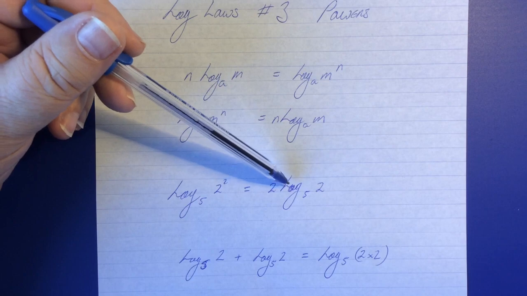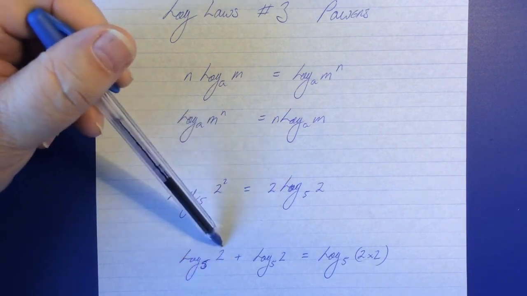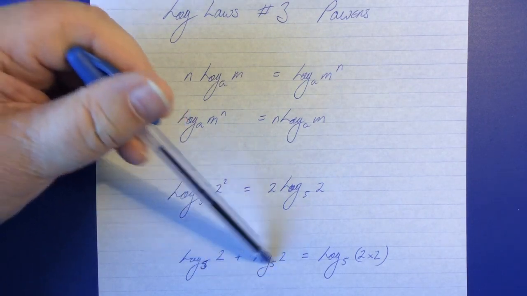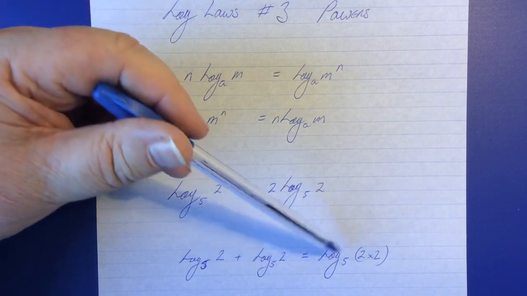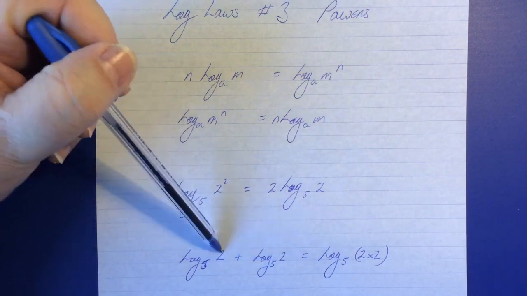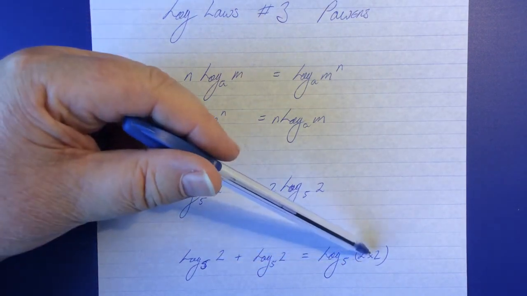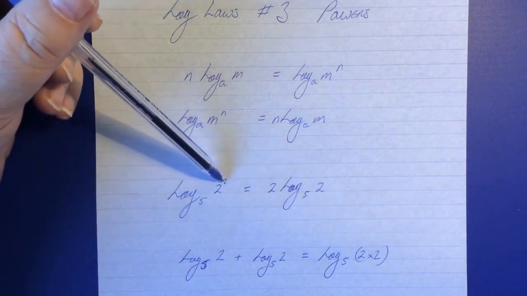So 2 lots of this is the equivalent of 1 lot of that plus 1 lot of that. Same bases, which means we can combine them, which means that we can write a single expression and multiply these 2 numbers here to give us 2 times 2. 2 times 2, of course, is the same as 2 squared.